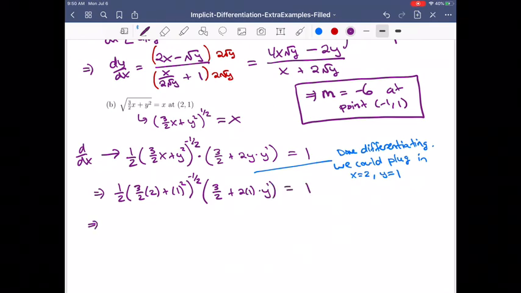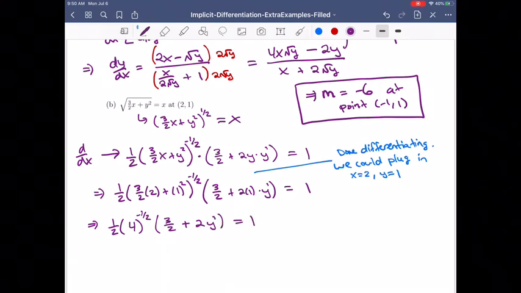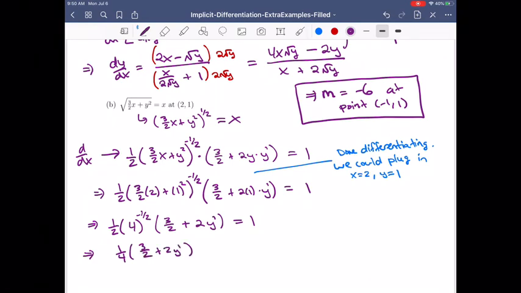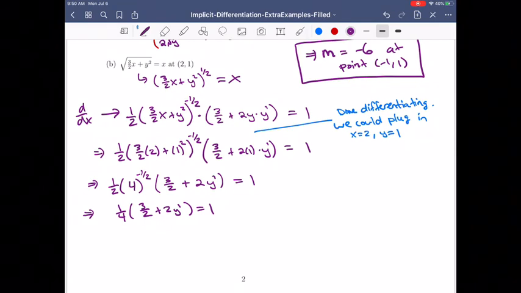Okay, so what this is: it's 1 over 2, this is 3 plus 1, so this is 4 to the -1/2, times 3 over 2 plus 2y prime. Now 4 to the -1/2 is actually 1/2. So this is actually 1 over 4 times 3 over 2 plus 2y prime. So if I multiply by 4 on both sides, I get 3 over 2 plus 2y prime is equal to 4. So then I can subtract the 3 over 2.